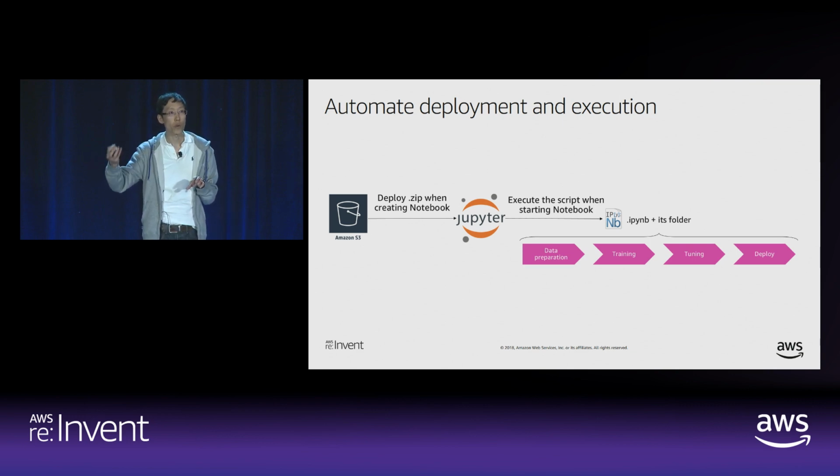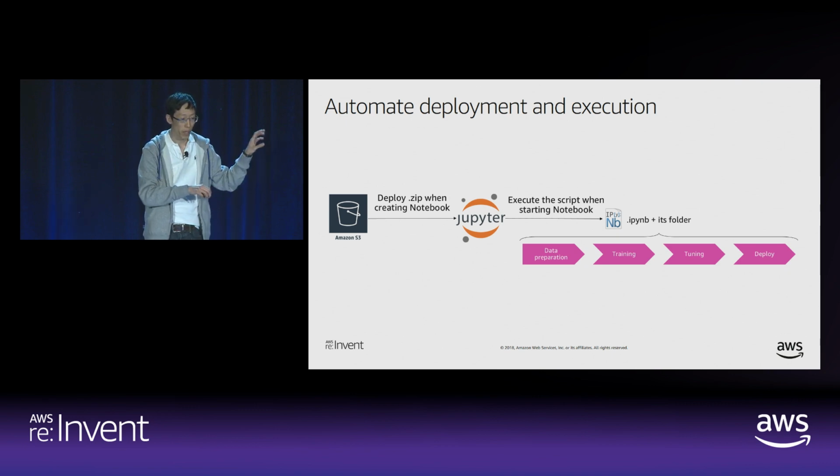So I'm going to create a new Jupyter notebook, get the source code from the zip file, unzip it, and execute the scripts that the data scientists just wrote, right? So we can go through data preparation, training, tuning, and deployment with the same scripts that the data scientists use to play around in their environments, okay?